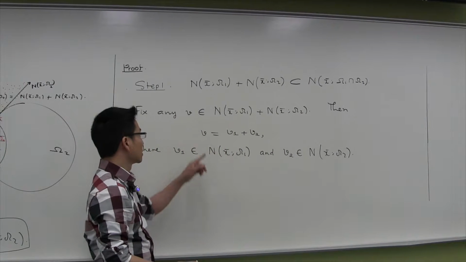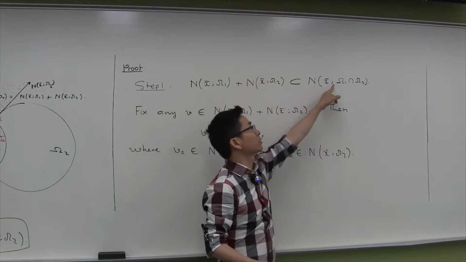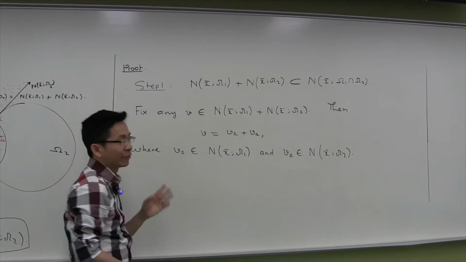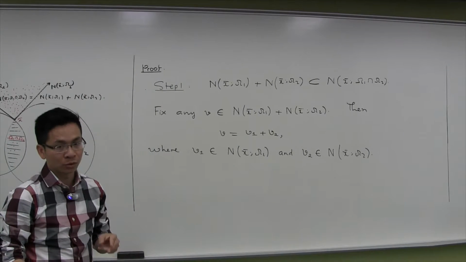Our goal is to show that v belongs to this normal cone. So we're going to apply the definition of the normal cone to convex sets.